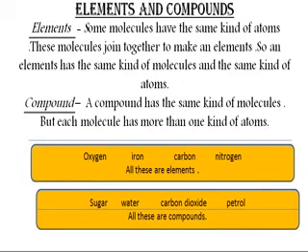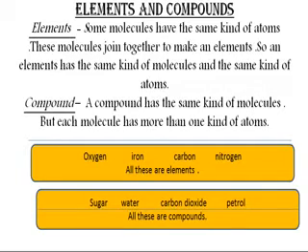Now the examples are very good for this. The examples given are sugar, water, carbon dioxide and petrol. All these are compounds, because in sugar we have carbon, hydrogen, and oxygen. In water we have H2O, that is hydrogen and oxygen. In carbon dioxide we have carbon and oxygen. While as elements, the names given are oxygen, iron, carbon, nitrogen.